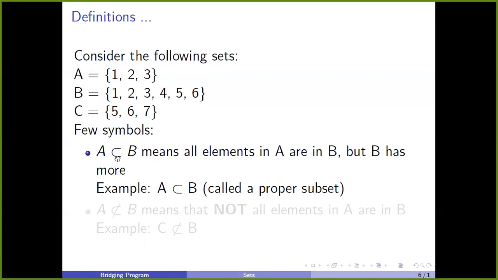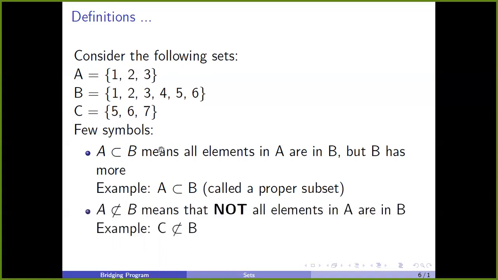So to denote that, the little line that you had underneath, you have taken it out. That little line meant it could be equal as well. In this case, it can't be equal. It's a bigger set, so you call it a proper subset. And then of course you have the not of that as well. When you write the same sign and cut it off, that means it's not a proper subset.